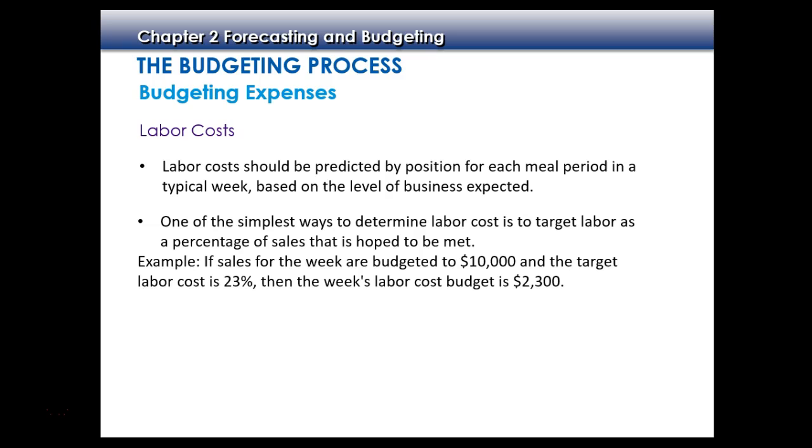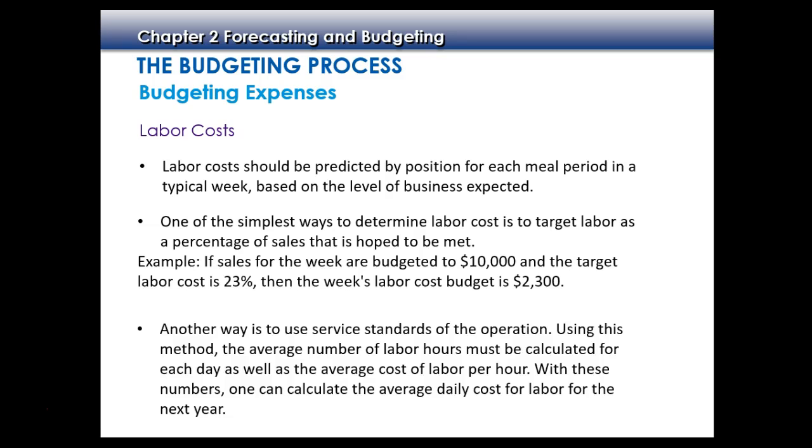One of the simplest ways to determine labor cost is to target labor as a percentage of sales. So if sales for the week is budgeted to be $10,000, and the target labor is 23%, you have $2,300 to spend on labor. Another way is to use the service standard of the operation.